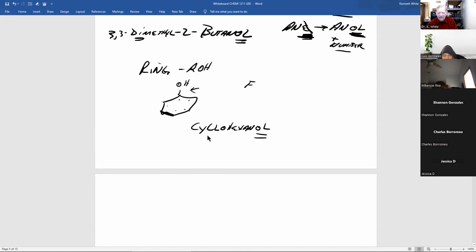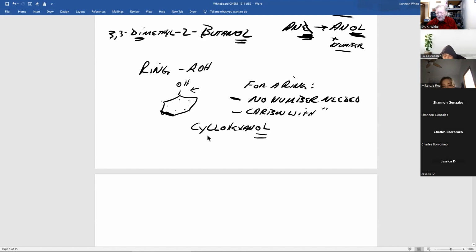Now, for a ring, when it's the only functional group, which in our case it will be, no numbers needed, and the carbon with the hydroxyl group is carbon number 1 in numbering.